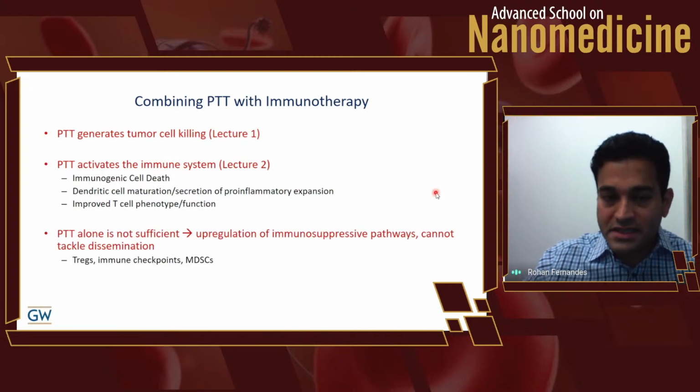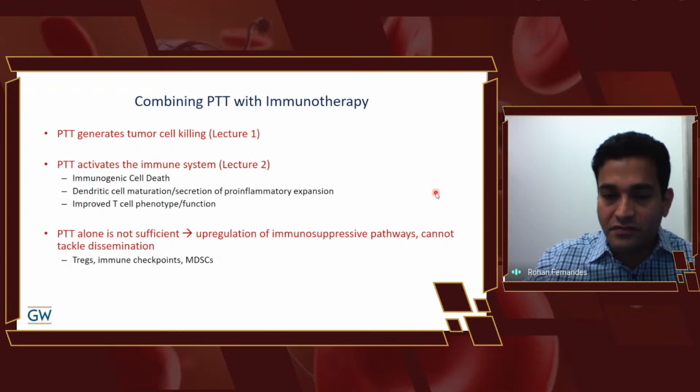But we also discussed how PTT alone is not sufficient, because while you do potentiate an anti-tumor immune response, there is concomitant upregulation of immunosuppressive pathways, as a result of which PTT cannot tackle dissemination. I presented the example where Tregs infiltrate into the tumor microenvironment of an untreated tumor after PTT.